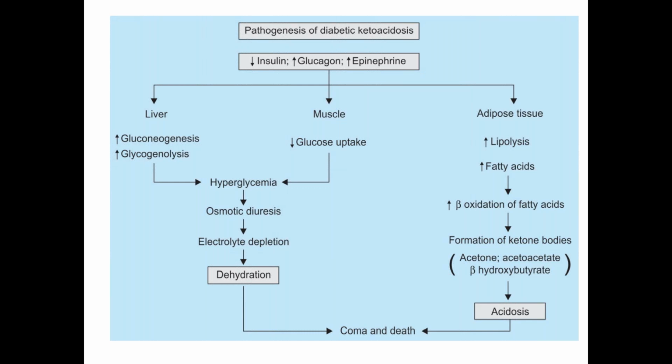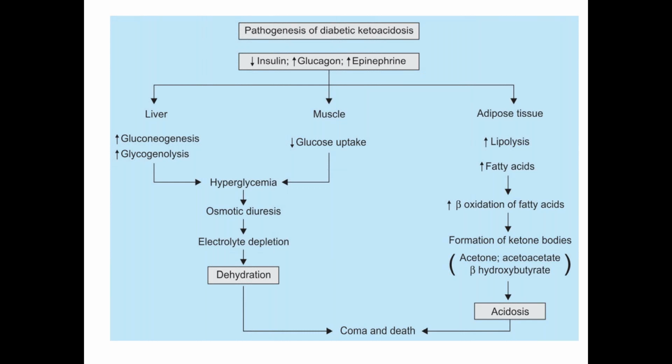On the other hand, in the absence of glucose as an energy source, the energy is derived from breakdown of fats and proteins. So there is breakdown of fats from the adipose tissue due to increased action of lipoprotein lipase, and the neutral fats in the adipose tissue are degraded. Neutral fats are a combination of glycerol and fatty acids, so lipolysis leads to increased free fatty acids in the circulation.